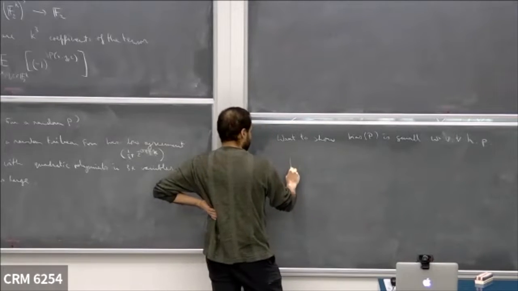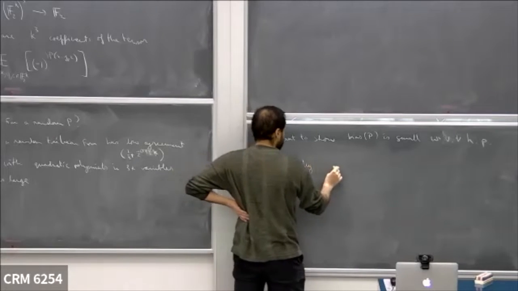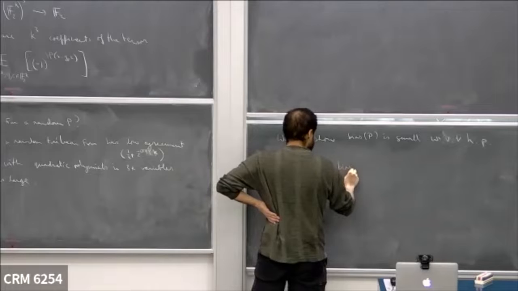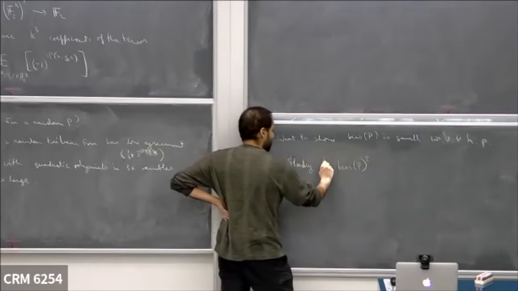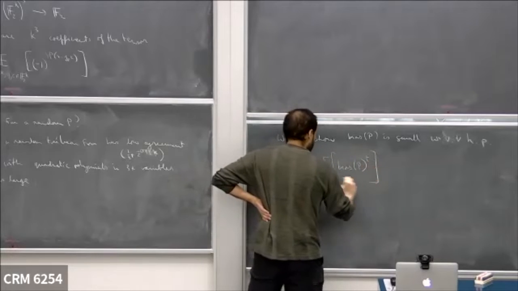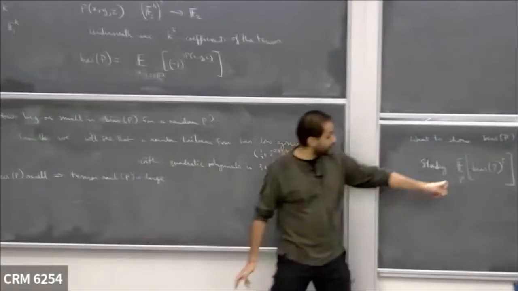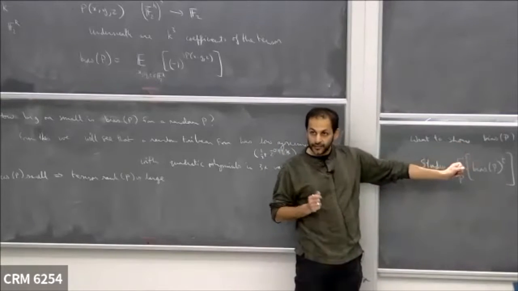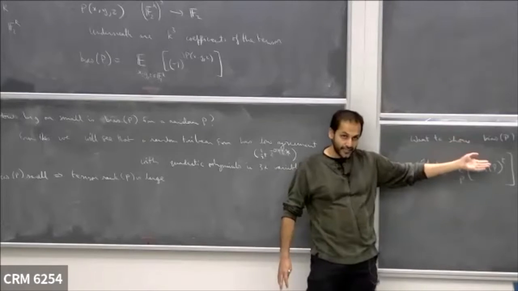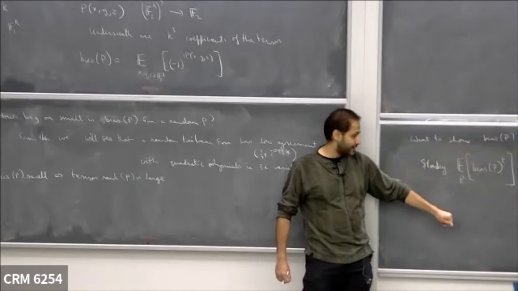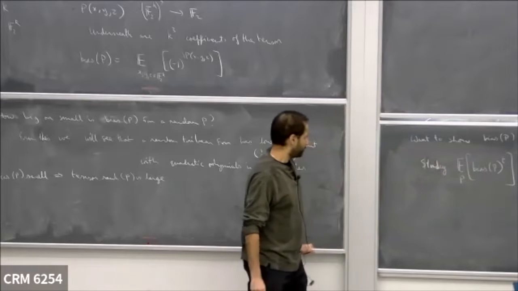Let us study the bias of P to the power T. We look at the expected value of this over a random P, and we'll apply Markov's inequality with a large value of T. If we can show this is small for a large T, then this will give us a good bound on the probability that the bias is large.